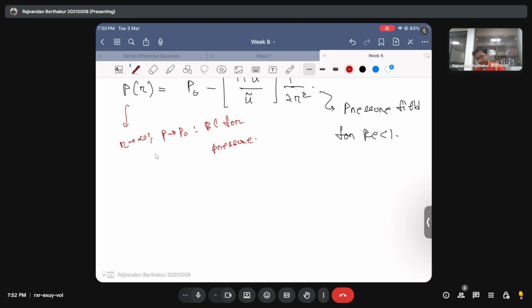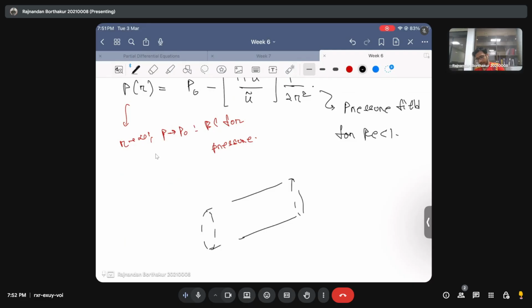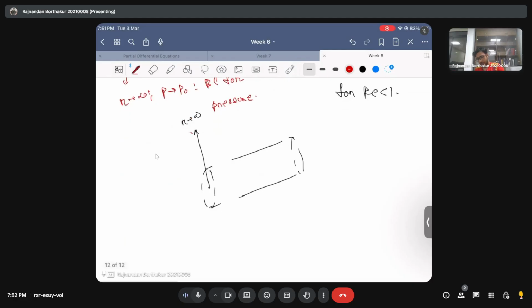So this is something interesting. It just came into my mind just now that near the cylinder, if you look at what is actually happening, you know that at far field, at r tending to infinity, your pressure is just p naught, right? If you take an annulus of fluid far away, your pressure is p naught.